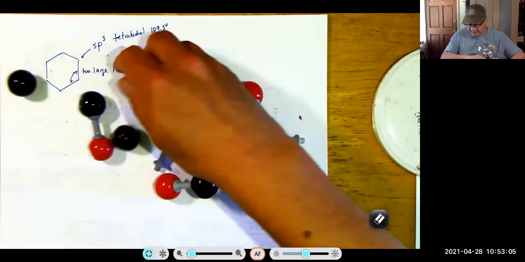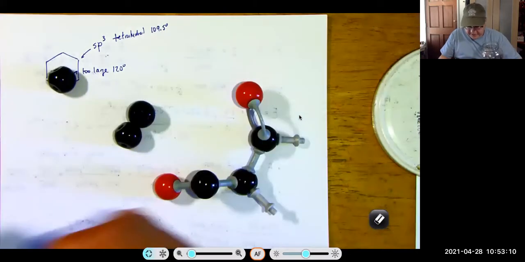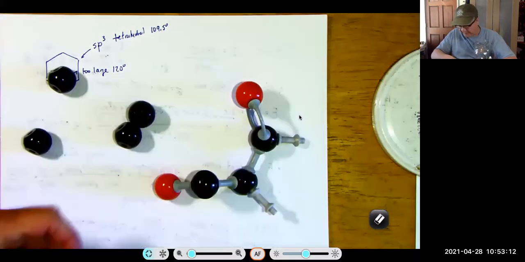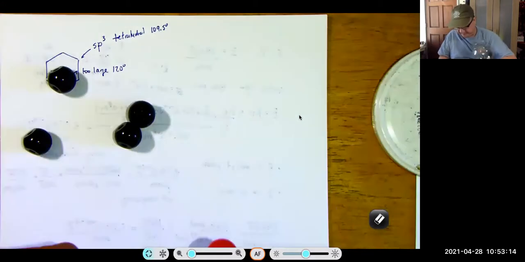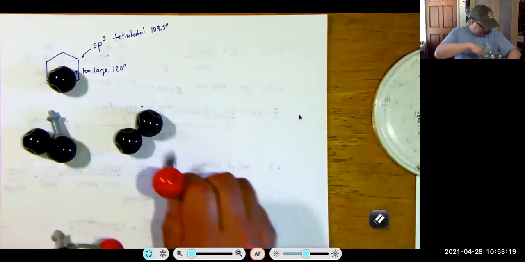So I'm trying to get out 6 black spheres here because in this model, the black spheres are the carbons. So there we have 6 black spheres.